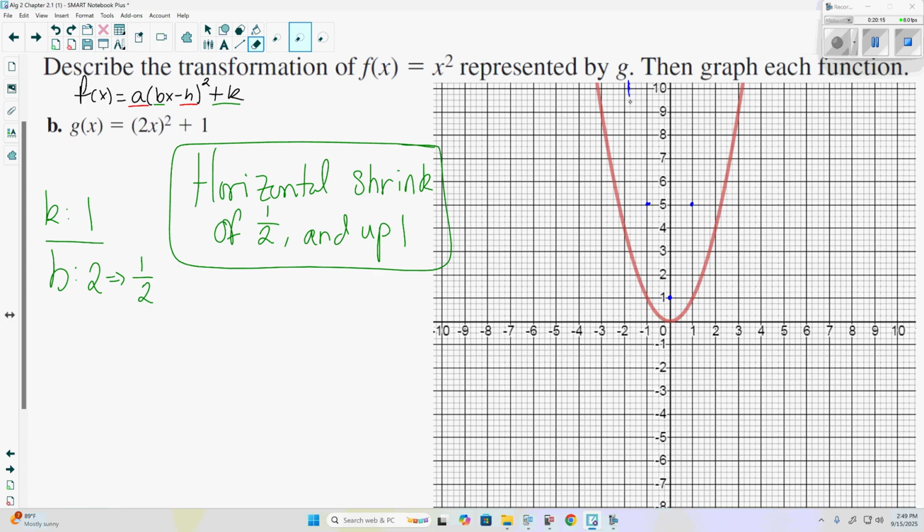And the point after that's actually just going to go up off the screen. Because our next point would be at 2, 17. So that's way off our graph. So it just got very skinny. It is a horizontal shrink by a factor of 1/2. We pulled it in. Questions on this here? Are you ready for the next one?